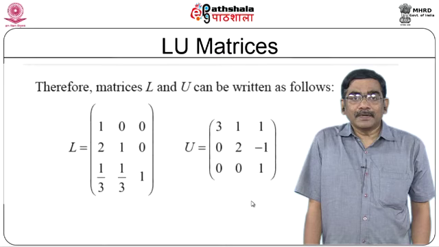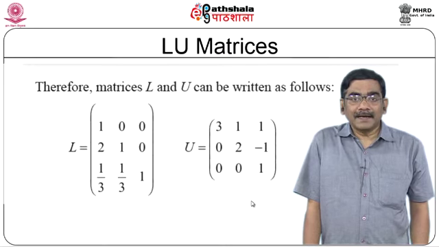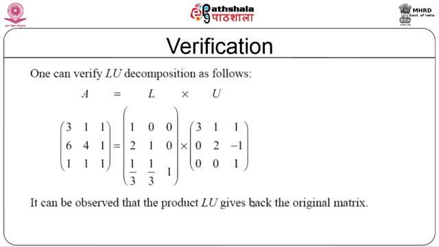Now we can verify whether this is right by multiplying L and U. You should get back the original matrix A, and only then can we conclude that the procedure is right. So, this procedure is a recursive way of applying Gaussian elimination to find matrices L as well as U.